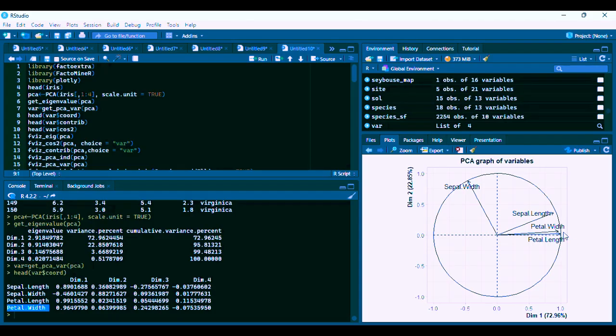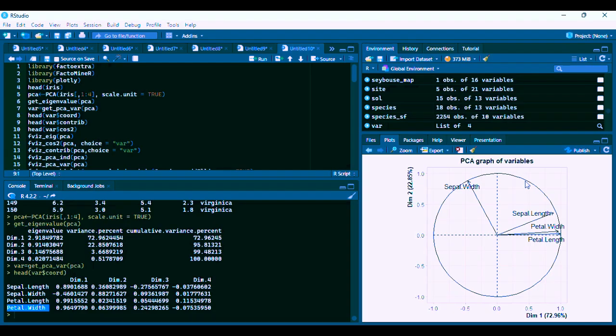Variables at right angles, for example here sepal width, and taking another example, if we have another variable here, we can conclude that this variable is weakly correlated with sepal width.